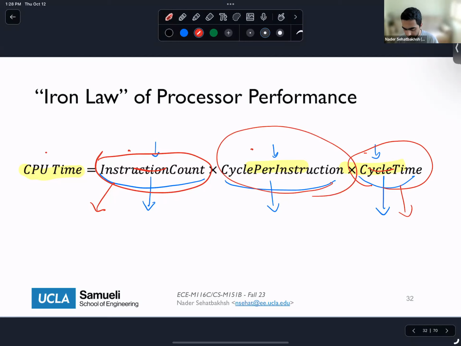But this one we're going to play a lot with, actually a combination of this one and a little bit of cycle time. So you're going to see a lot of things that are going to happen, and all these technologies and features that we're going to add to our processor, really what it's going to do at the end of the day is decrease this and eventually decrease the CPU time, okay?